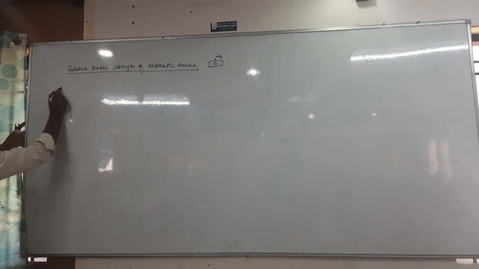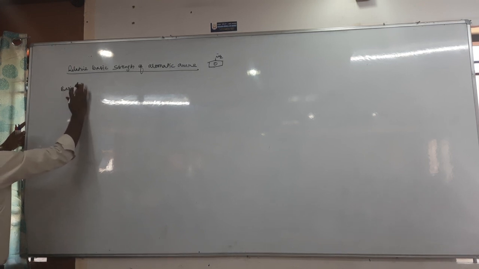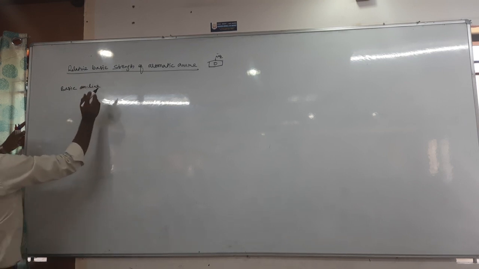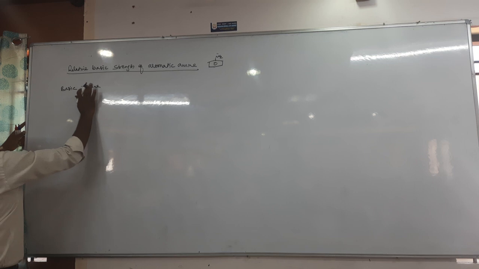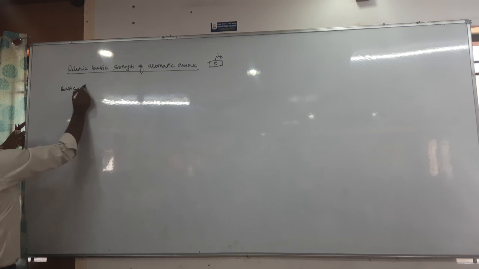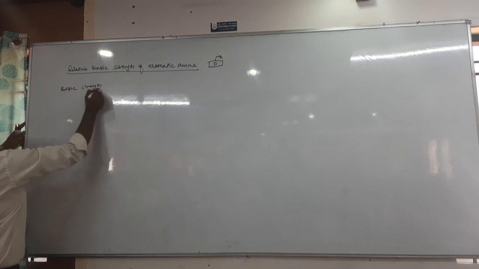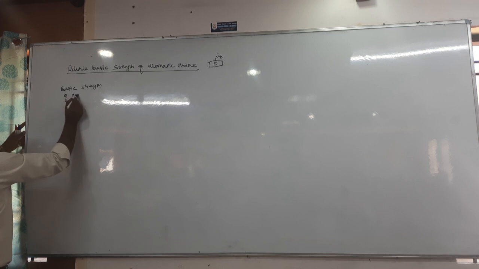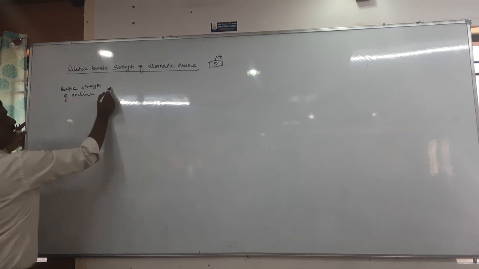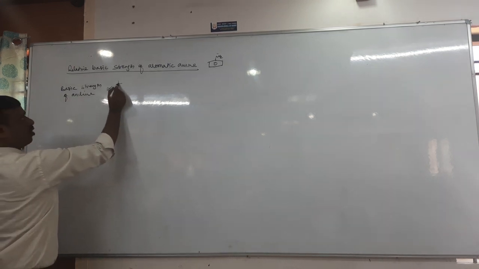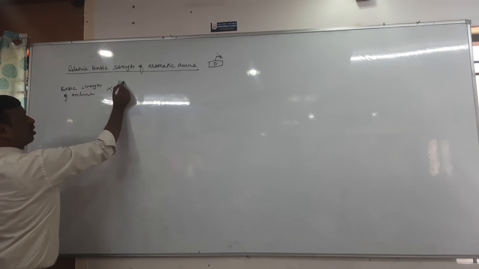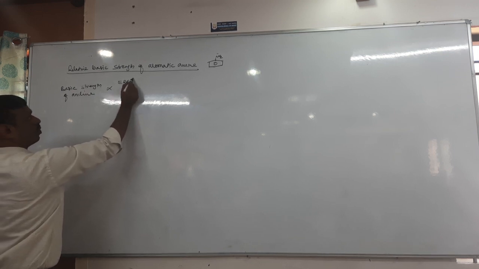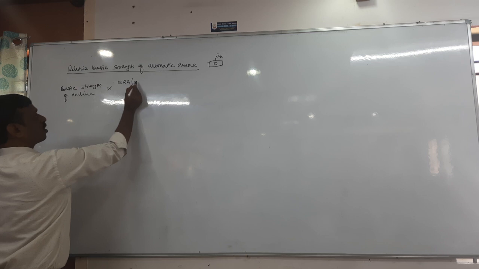So we know that the basic strength of not only aniline, but of all bases, is directly proportional to electron releasing groups. What are electron releasing groups?